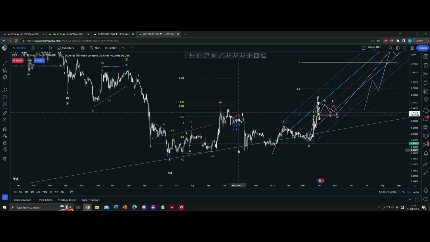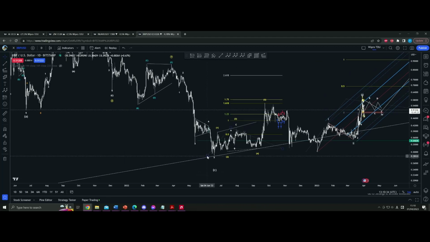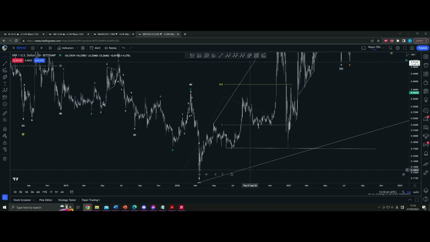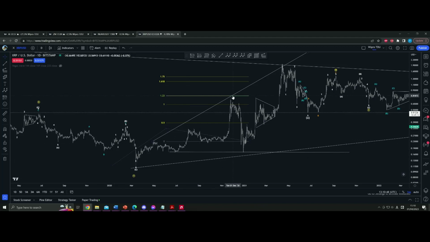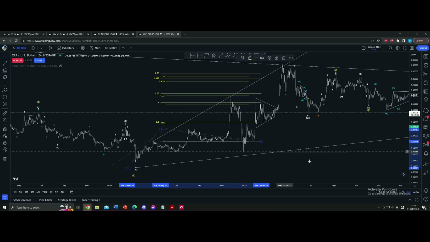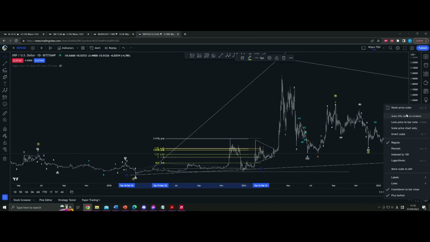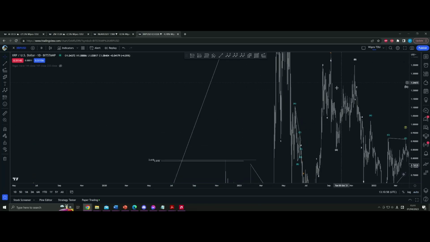I know it because I sleep on this coin. I don't know if you're ever going to hear it somewhere else. Look, 1, 2, 3, 4, 5. You measure from the bottom to the top of wave 3 to the bottom of wave 4, and you get this 1.618 or 2.618, and you go back. This is a 5-wave move from the bottom to the third. Exit the log scale because we need the net worth.